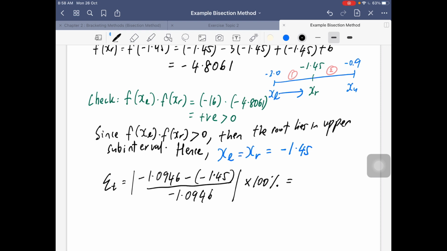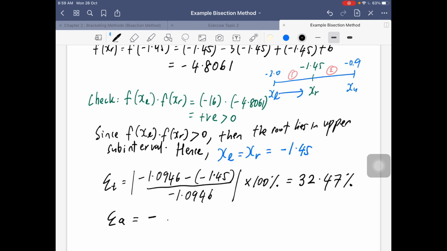By using your calculator, you should get 32.47%. However, for the approximate percent relative error, since we just begin our calculation, we only have the current approximation and we don't have a previous approximation, so we put a dash, none. We still do not have the value.